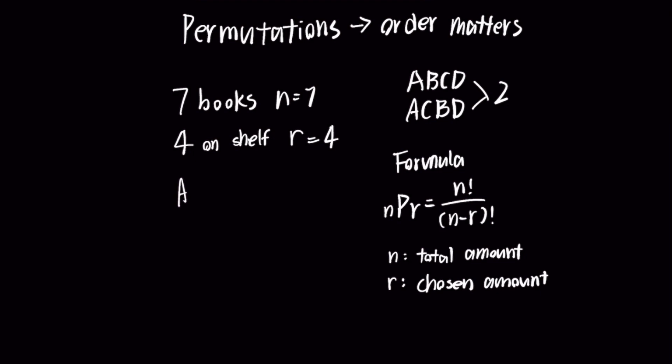Having books A, B, C, D like this versus having books B, A, C, D, those are considered 2 different arrangements. So it's considered permutations. If I want to calculate how many possible ways there are of arranging 4 of these books on my bookshelf, then I would type in 7P4 in my calculator, and I would get 840. So there's 840 ways of arranging 4 books on a shelf out of 7 books to choose from.